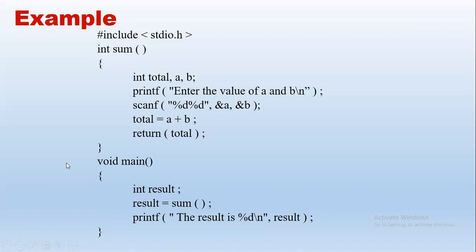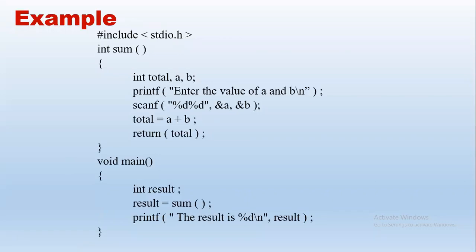So these are the 4 categories of functions. Please let me know if you have understood these. All of you are unmuted also. All of you enter your name and roll number in the chat box.